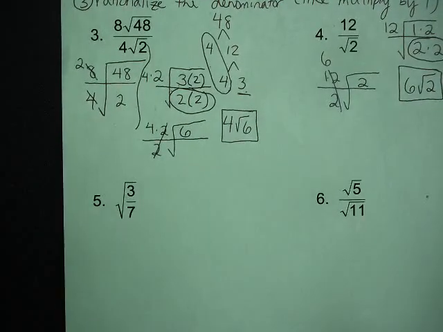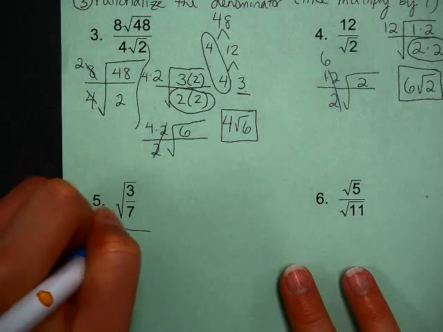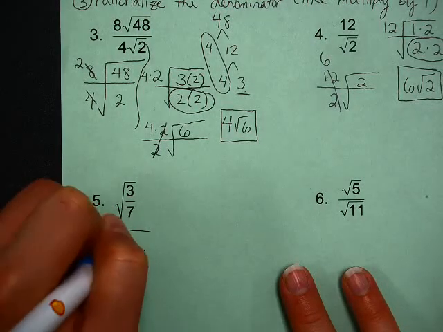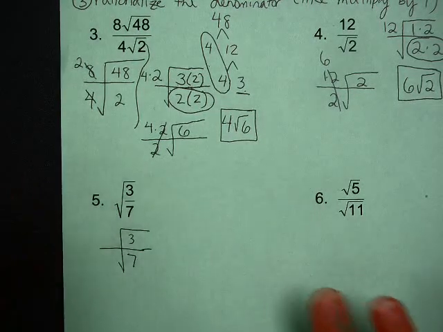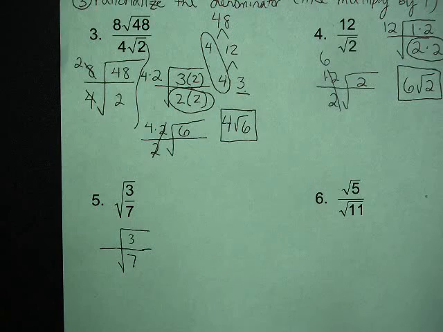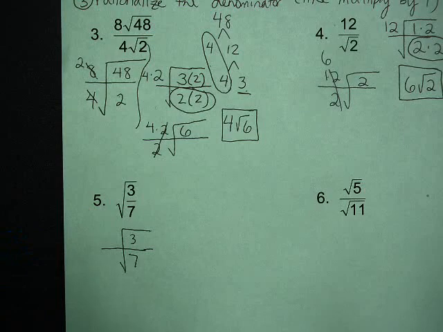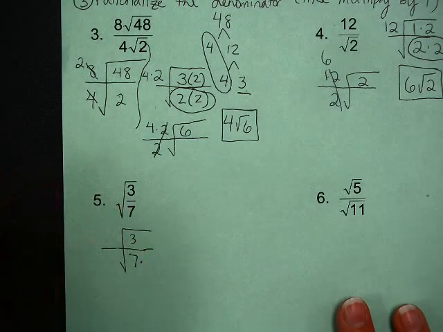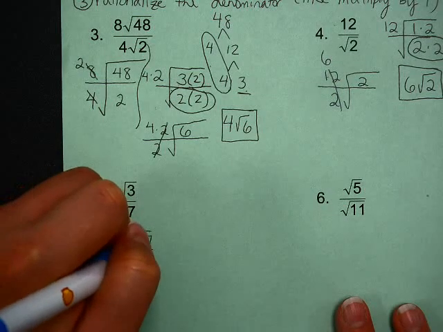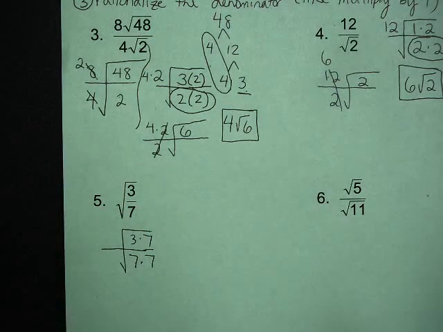Now let's look at this one. 3 and 7. Okay, 3 doesn't reduce down, it's 3 and 1, which doesn't help me. 7 also is 7 and 1, doesn't help me either. So I need to get rid of it. To get a pair of 7s, I need to multiply it by a 7. And I have to multiply the top by a 7 also.